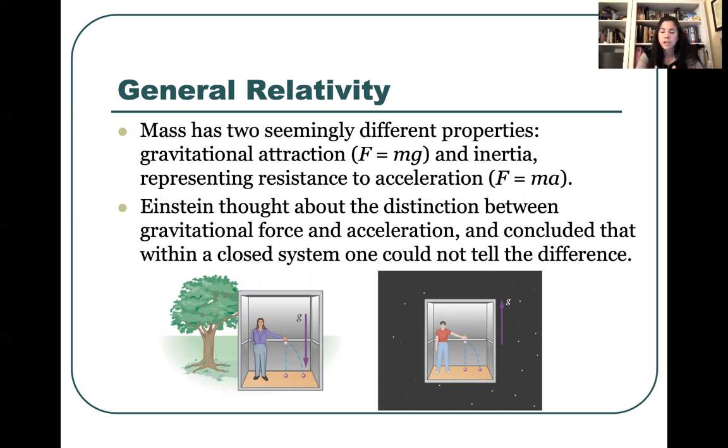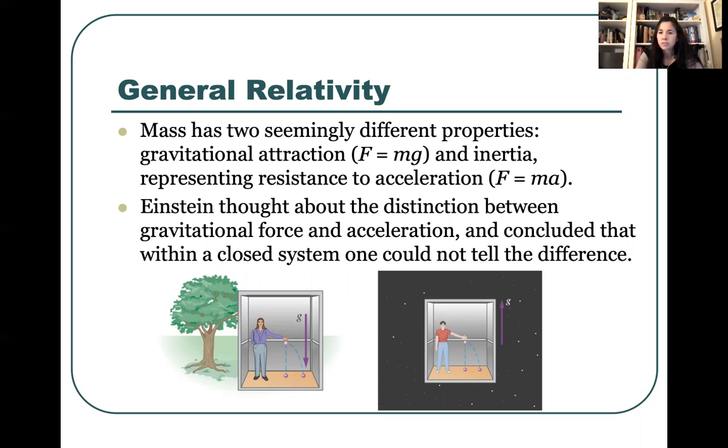So let's say you enter an elevator and we close the doors, and at that point you don't know where you are. You're either at the surface of the Earth, or you're in outer space, in an elevator that is accelerating at a rate equal to g.